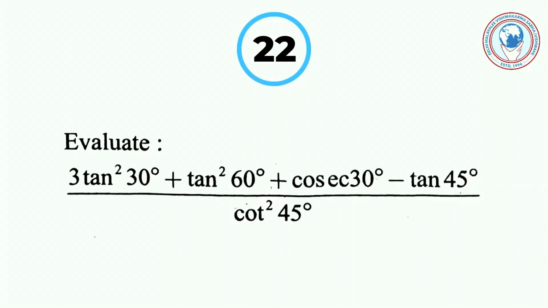22. Evaluate 3 tan square 30 plus tan square 60 plus cosec 30 minus tan 45 divided by cot square 45.